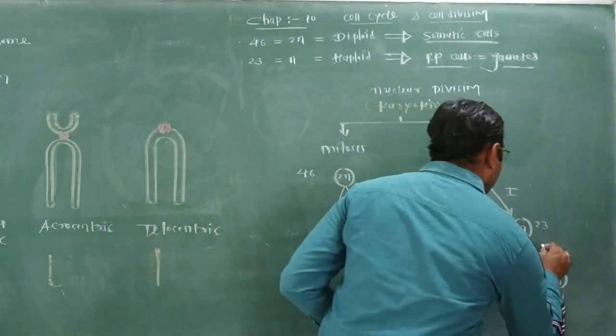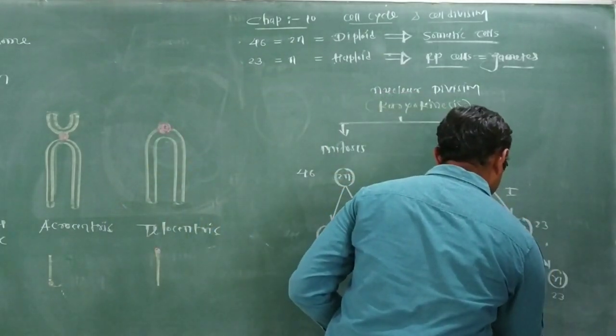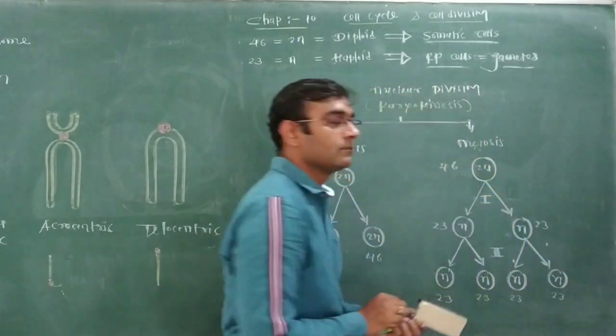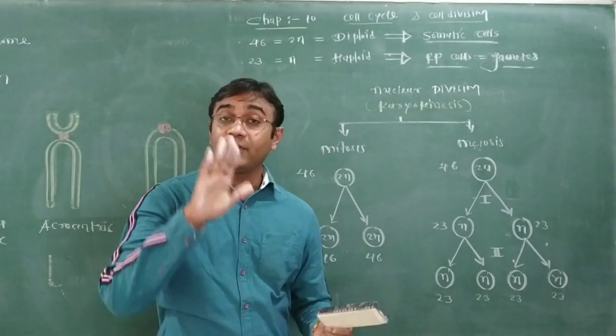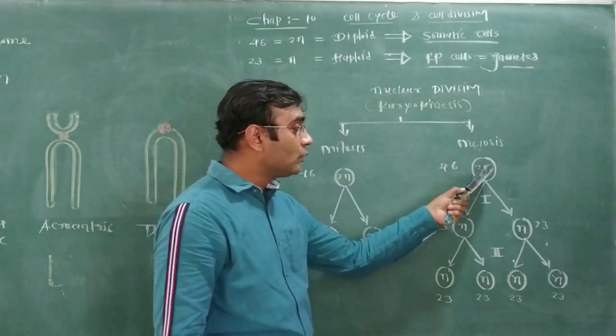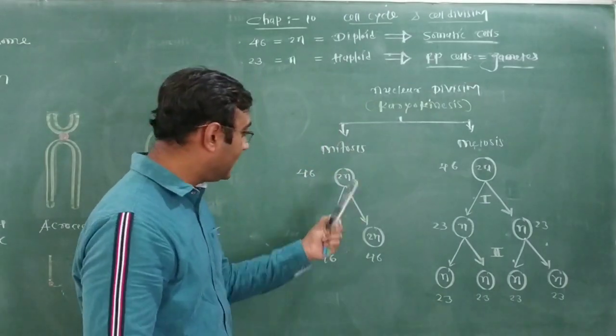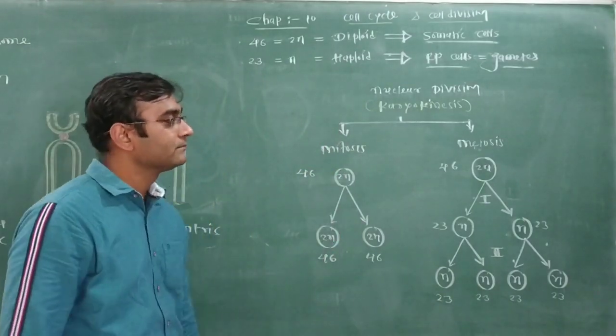This is the second phase of meiosis. In this chapter, we have to learn how 2n becomes n, how n remains n, and how 2n remains 2n.